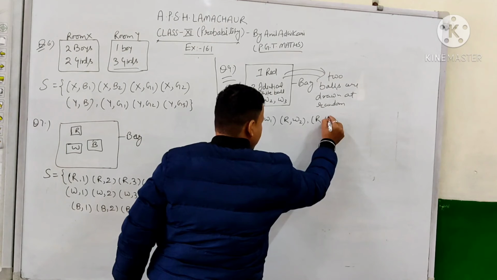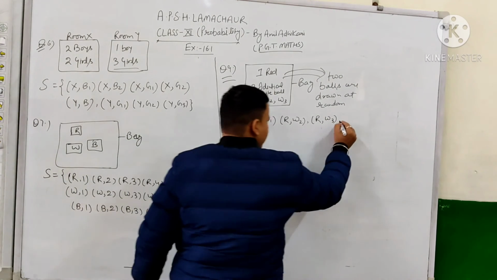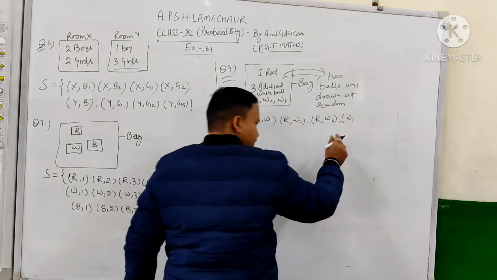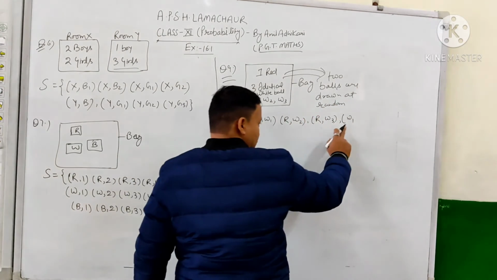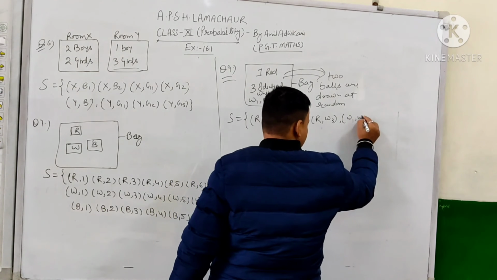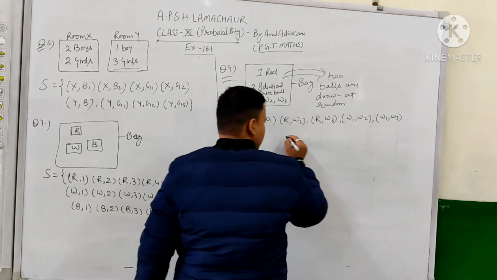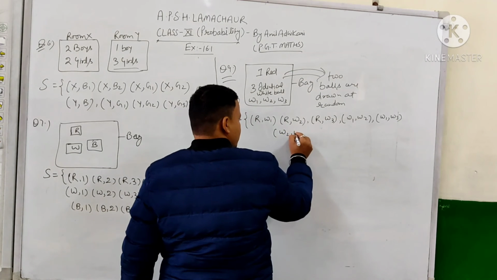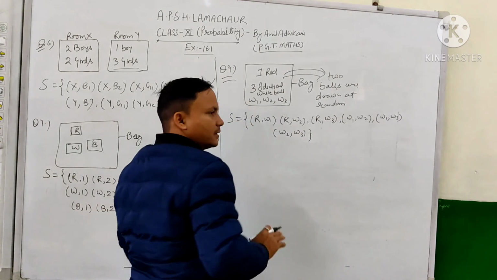Similarly, first is red, second is W3. So these 3 cases are there, and first is W1, because there are 3 identical white balls. So let first be W1 and second be W2. First W1, second W3. And similarly first is W2, second is W3. Okay, so these are the possibilities here, है ना.